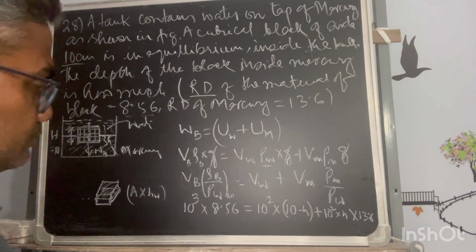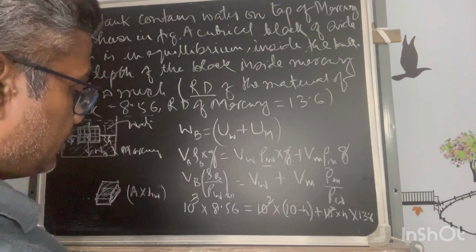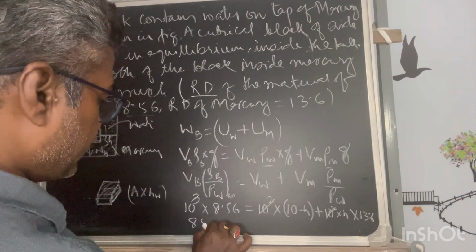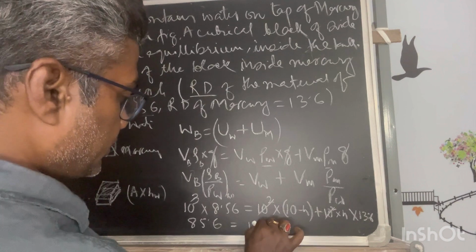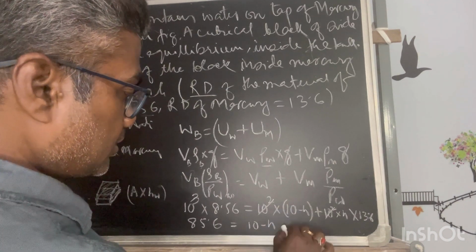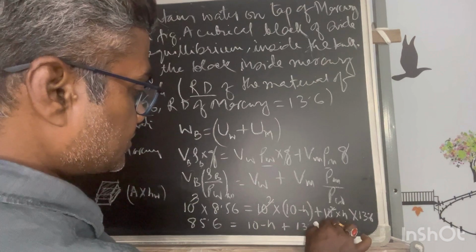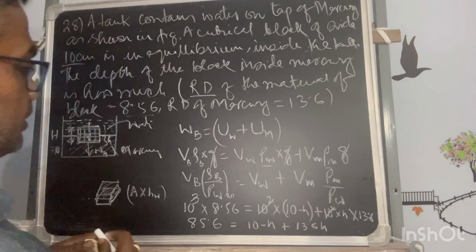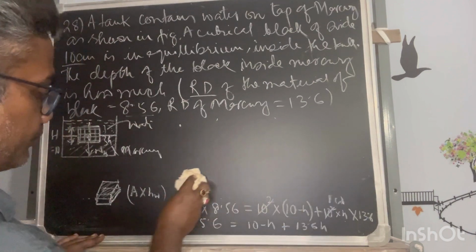Understood? Now I will reduce it by 10. So this will be nothing but 85.6 is equal to 10 minus h plus 13.6 h. Okay. Now write this part.